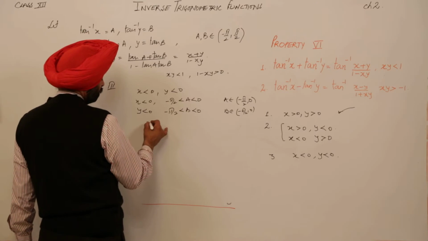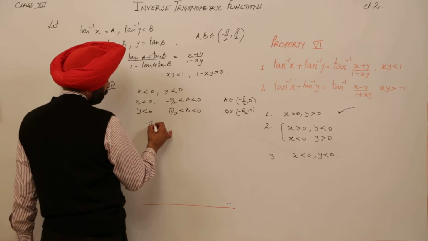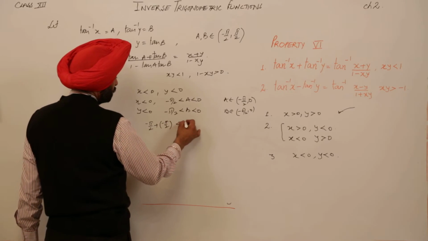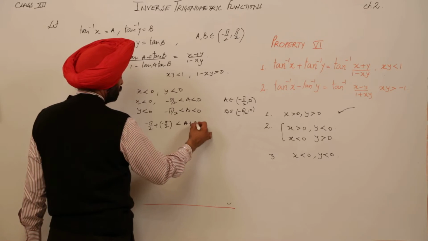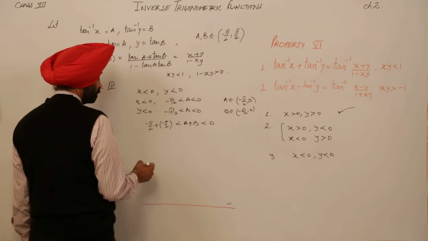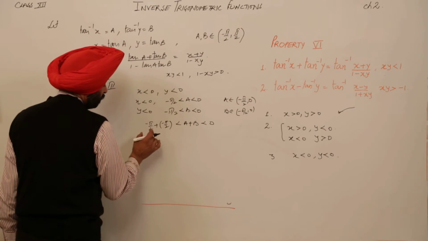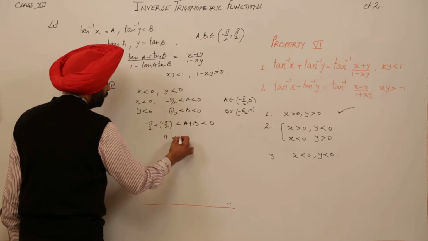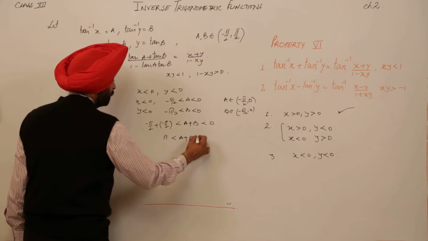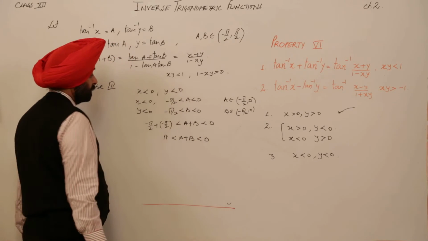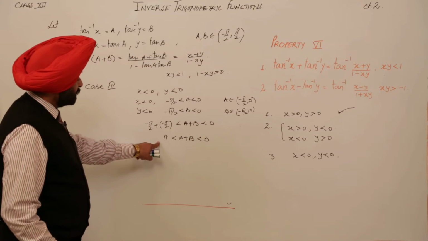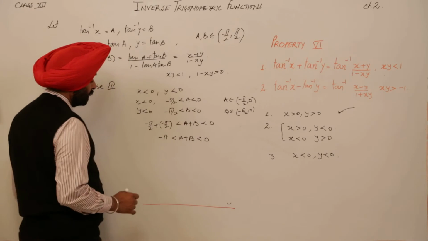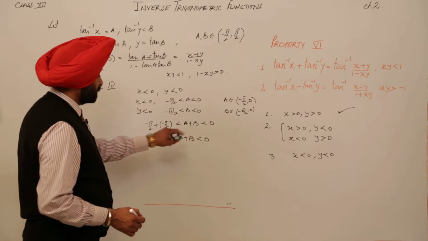Minus pi by 2 plus minus pi by 2 is less than a plus b is less than 0. Now minus pi by 2 and minus pi by 2 becomes minus pi. So minus pi is less than a plus b is less than 0.